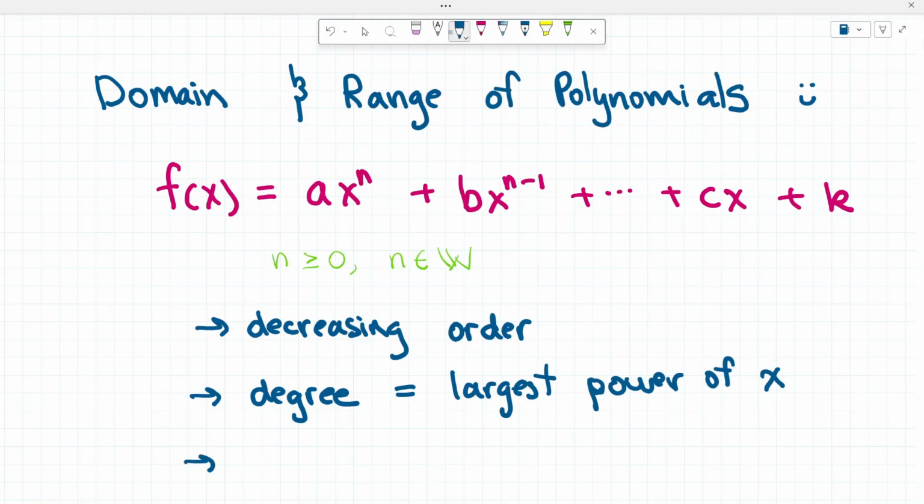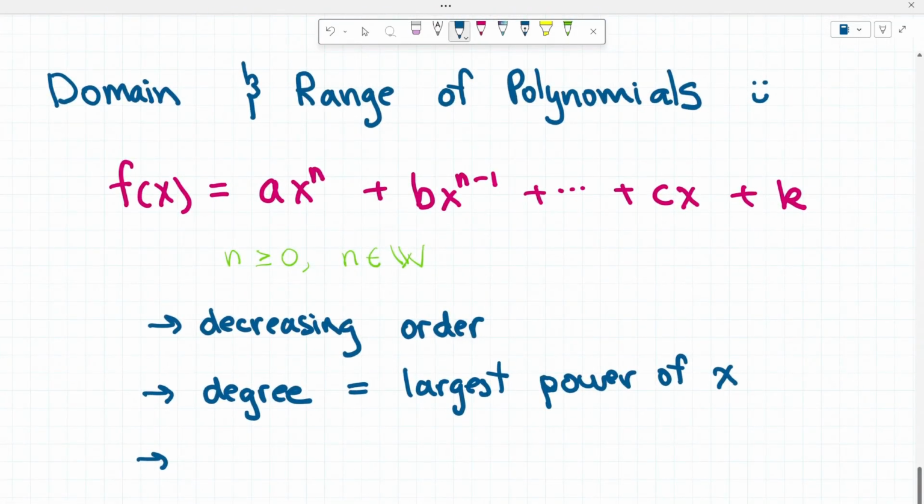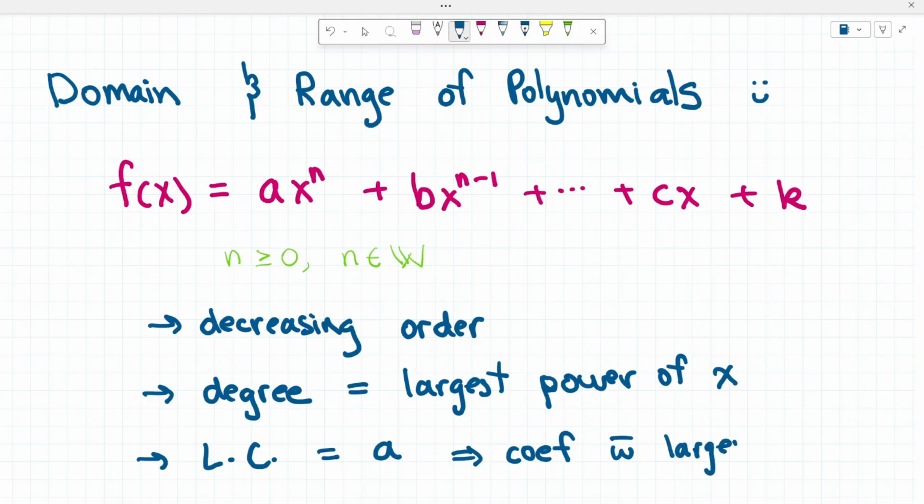And then we also have to consider our leading coefficient. Our leading coefficient here is going to equal a. So essentially that is the coefficient that is multiplied to the largest power of x.